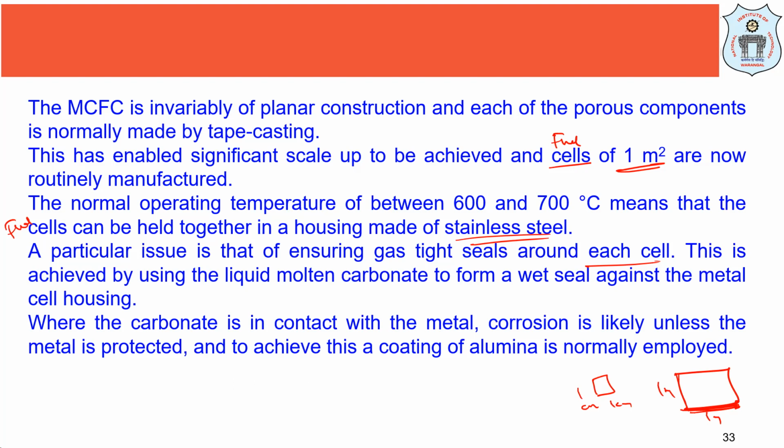So that is also being addressed. Where the carbonate is in contact with the metal, corrosion is likely unless the metal is protected. To achieve this, a coating of alumina is normally employed. So every challenge needs to be addressed by understanding it first and then using some solution for it.